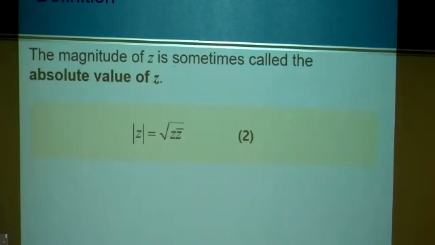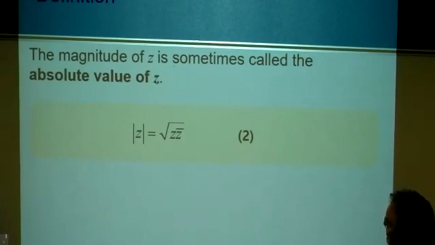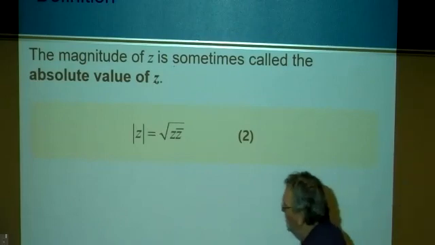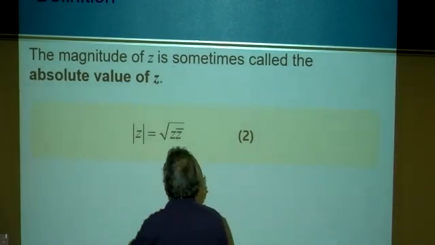Did they explain z-bar? We didn't explain z-bar, did we? The magnitude of z is sometimes called the absolute value of z, because we use the absolute value symbol here.